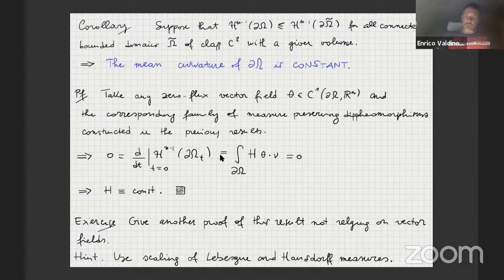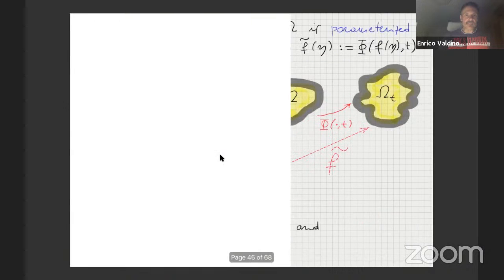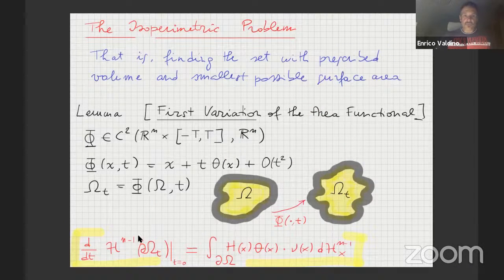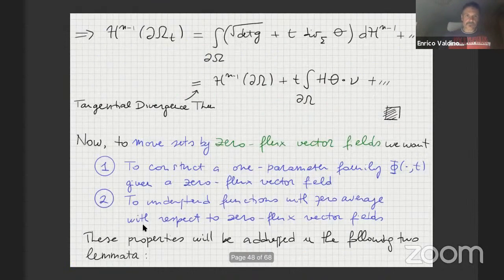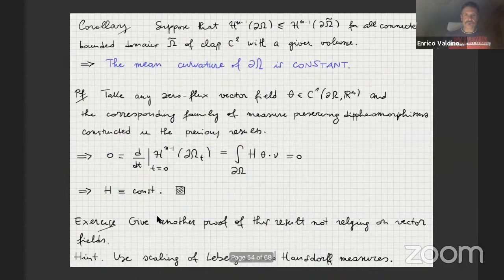Here I'm using the fact that I know how to compute derivatives at the first order of the evolution of the surface measure. Okay, but then I have that the integral is equal to 0.